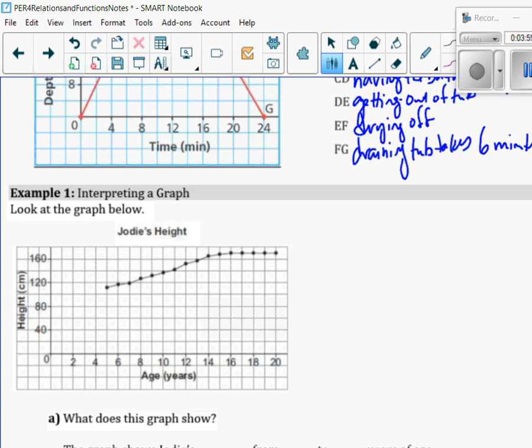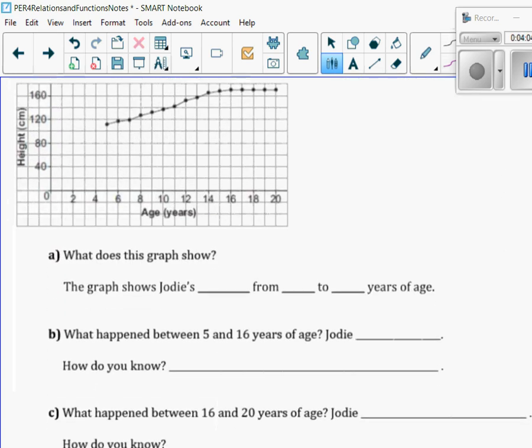So the graph shows Jody's height from, yeah, it starts at age 5, it looks like. 5 to 20 years of age. What happened between 5 and 16 years of age? Jody grew. How do you know?